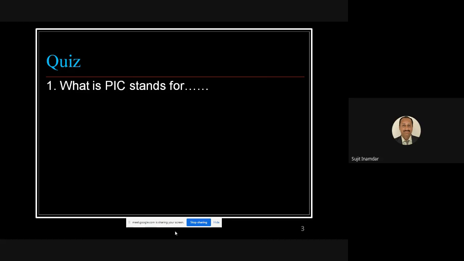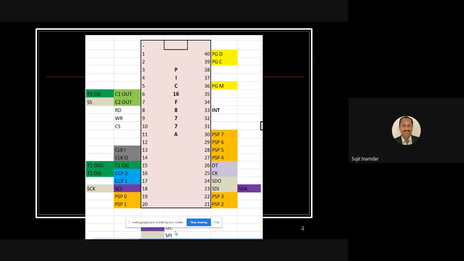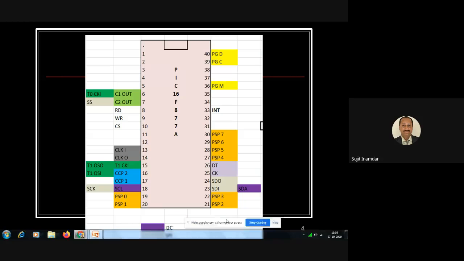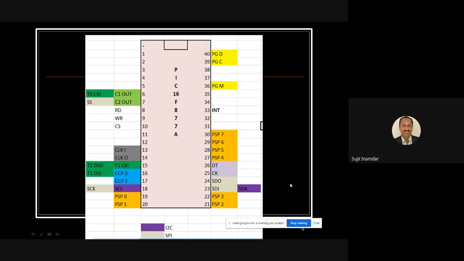So we will go with the functional description. This diagram or slide I have already shown you in earlier sessions, which shows the various functions of the PIC for which it can be used, and the respective colors are given so that they can be grouped.